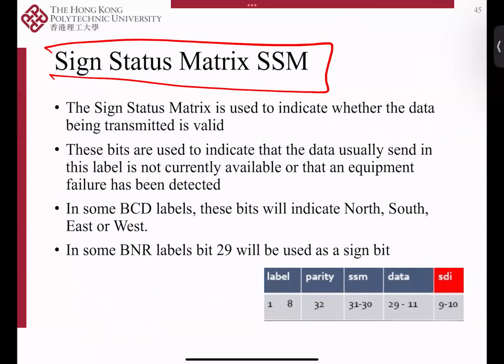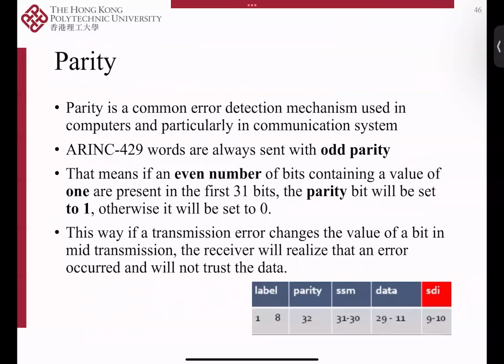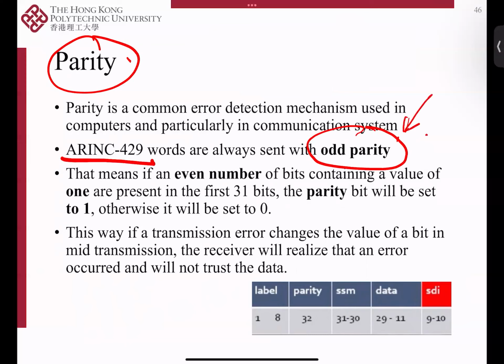This one is related to, as it says, the status of the signal. For example, some of the indications may relate to whether the signal is good or not, or some information related to the label of it. We'll see it later. And the parity check is an indicator to make sure your signal does not have any error. What you need to remember is that ARINC 429 always uses odd parity.